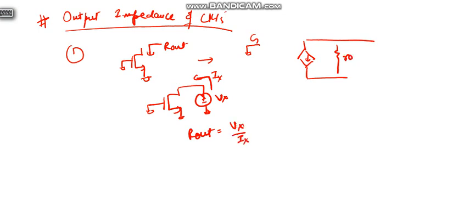Here this is RO, this is gm, this is VGS. This is the source node, this is the drain node, this is ground. Now the gate node is 0, so gm VGS equals 0.